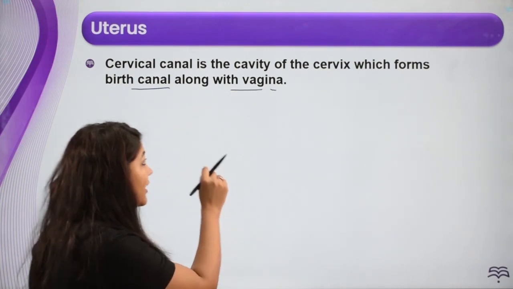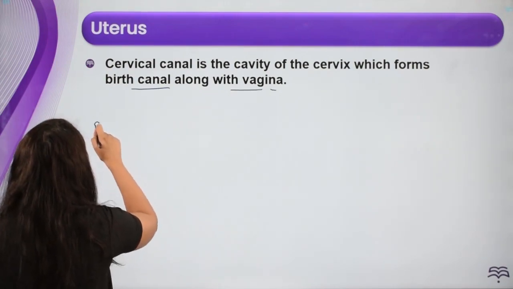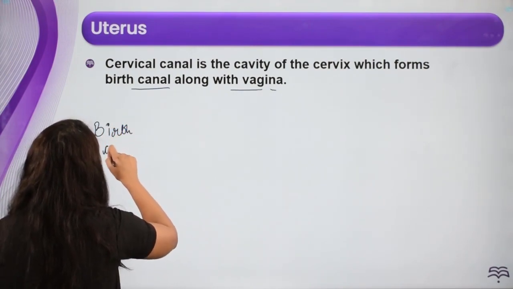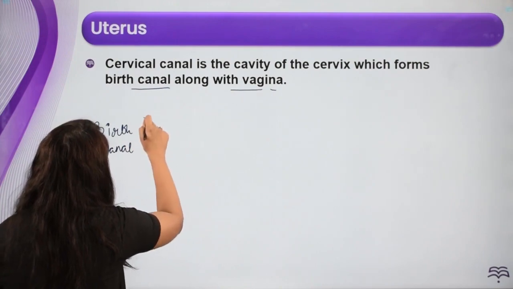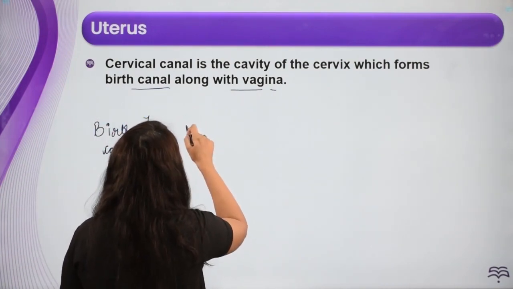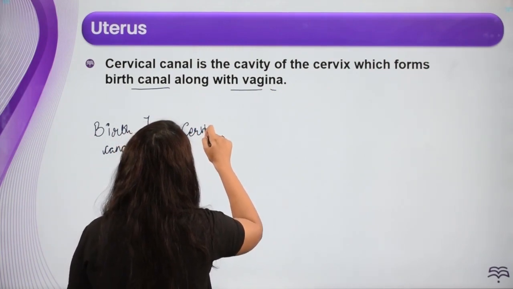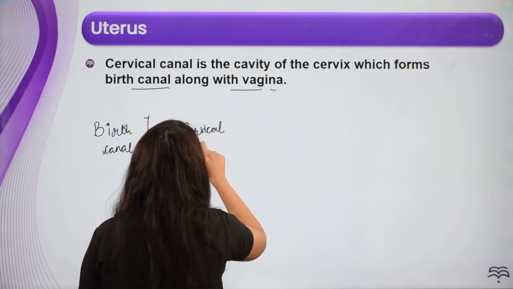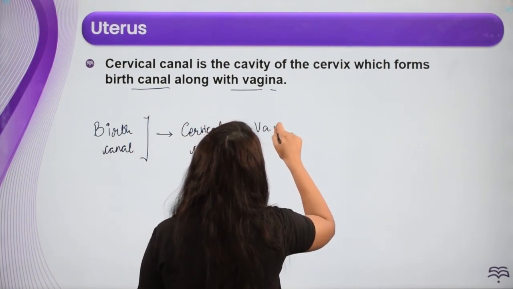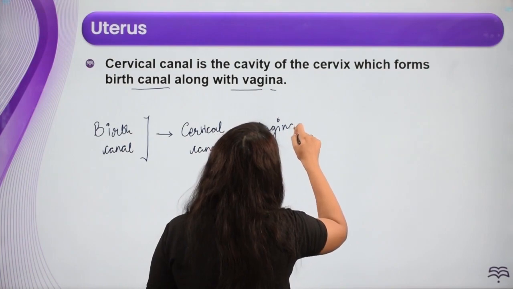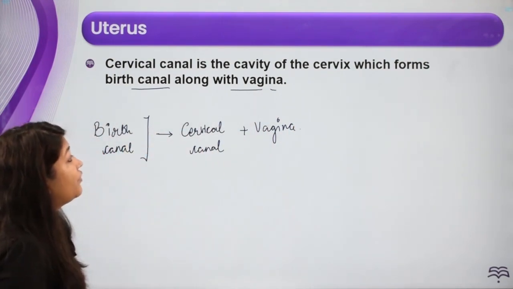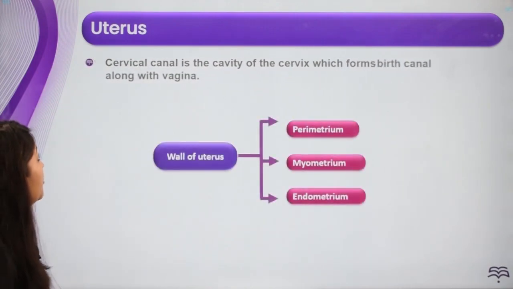That's why we are calling this path the birth canal. So what are the two components of the birth canal? The two components of the birth canal are the cervical canal along with the vagina. So these two are the components of the birth canal, which is very important.